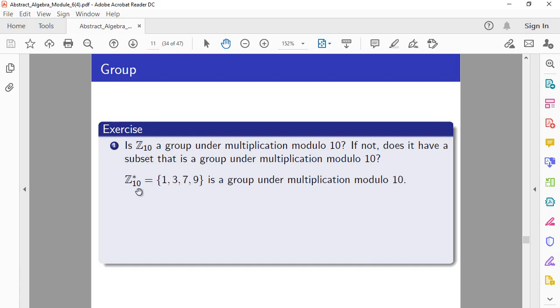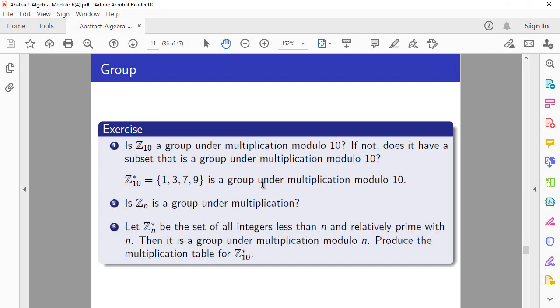Recall that Z10 star is the set of all invertible elements of Z10. These are the elements that are relatively prime to 10, and each one of them has an inverse. And so Z10 star is going to be a group under multiplication mod 10.